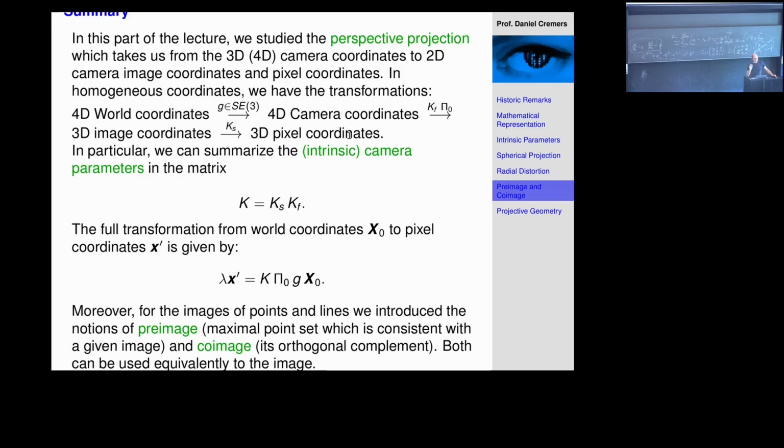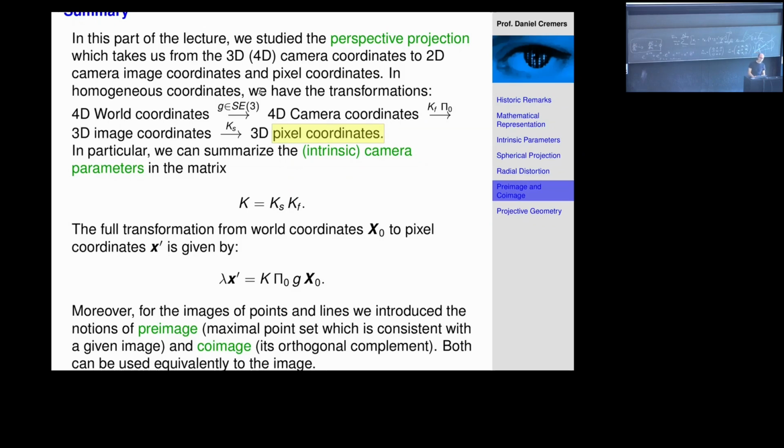Keep in mind these different terms: world coordinates; camera coordinates, that's still 3D but relative to my camera; image coordinates, that's in the image plane; and pixel coordinates, that's if you rescale things in the pixel grid.